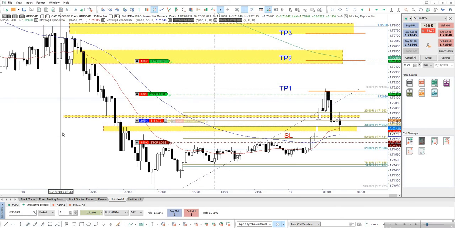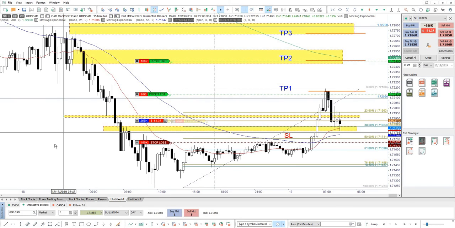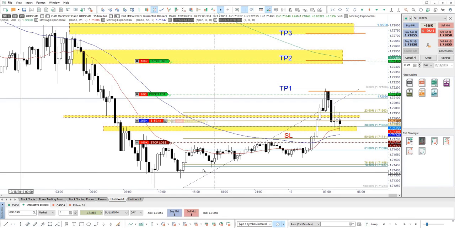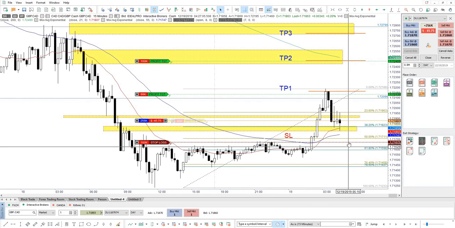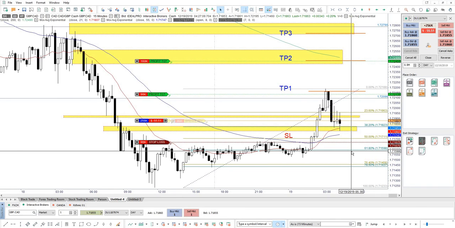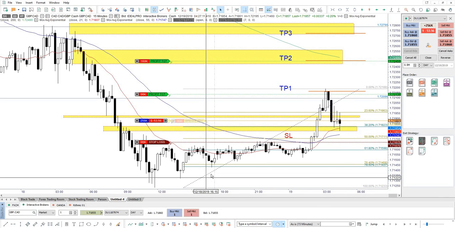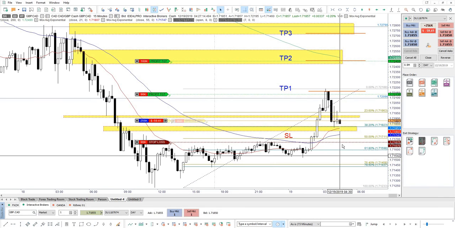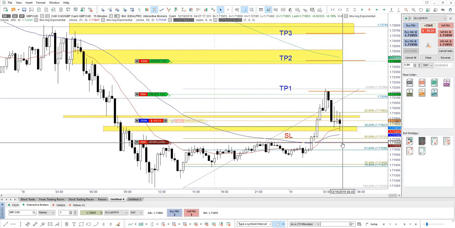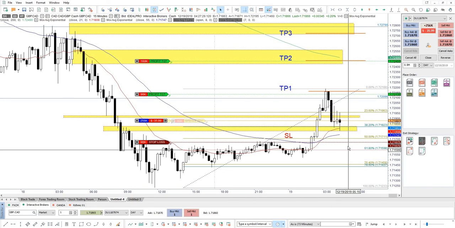Okay, in fact, I should have decided on the stop loss even before I made the trade, because normally I don't change the stop loss, but since I drew the Fibonacci now, and I realized the price was just a few pips above the 50% retracement, I thought it would be better to place the stop loss just below the 50% retracement, which will give us further protection.